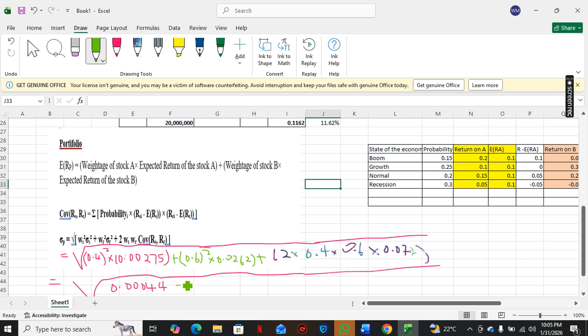Plus 0.6 squared multiplied by 0.0262, we're going to get 0.0094.